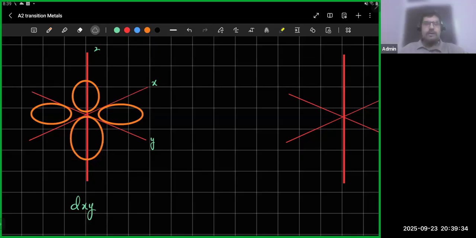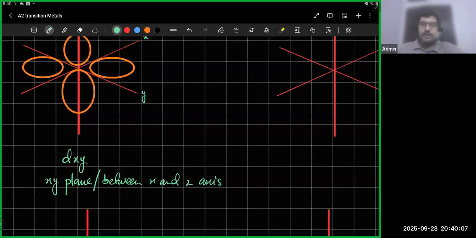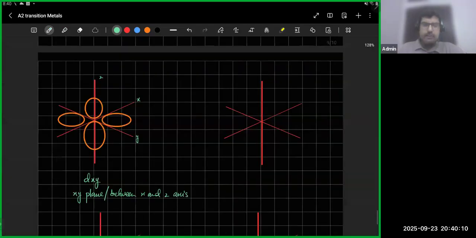Okay, so imagine that the electron density lies between the x and y-axis, so it's in one plane. There's no electron density on the z-axis, and no electron density above or below this plane. So it's all in the XY plane. So that's the first d-subshell, electron density lying between the X and Y.